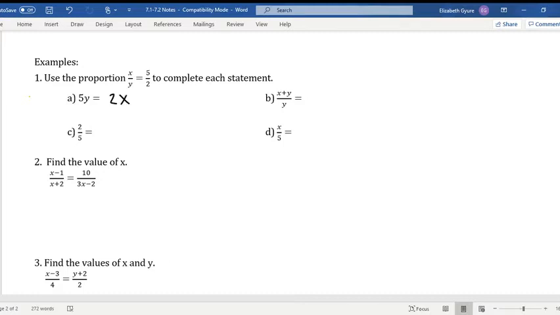Exactly. If I have x plus y over y equals, well, then what would I have to do on the other side? You can do this in one step or in two steps. If I take x plus y and put it over y, what will I have to do on the right?